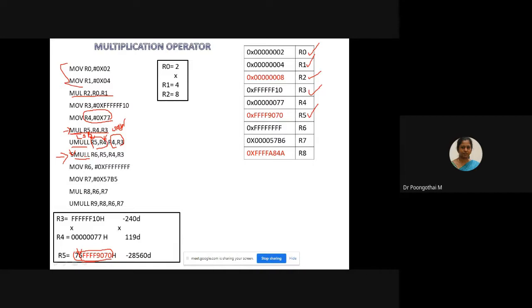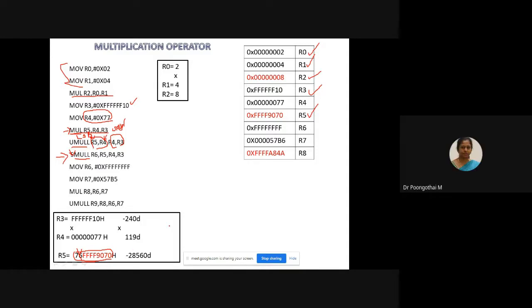Is that clear? Is this a negative number or a positive number? Just look at your 32 bits and tell me. R3 is negative and R4 is positive.